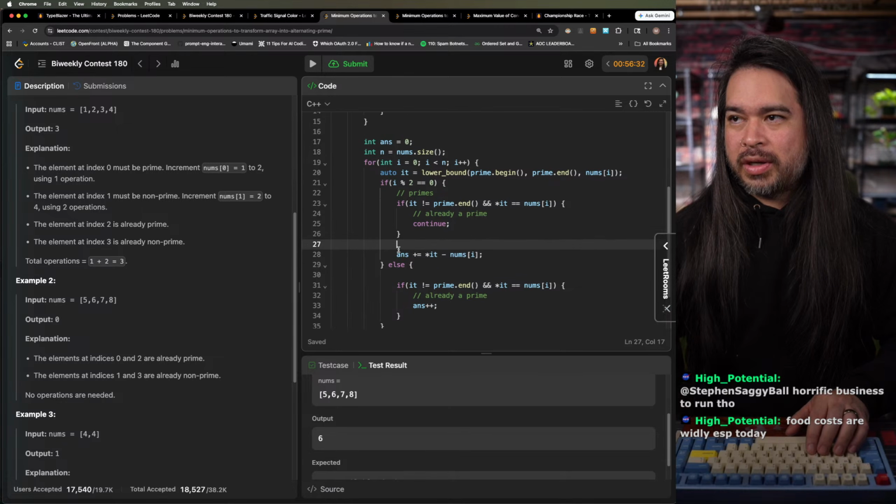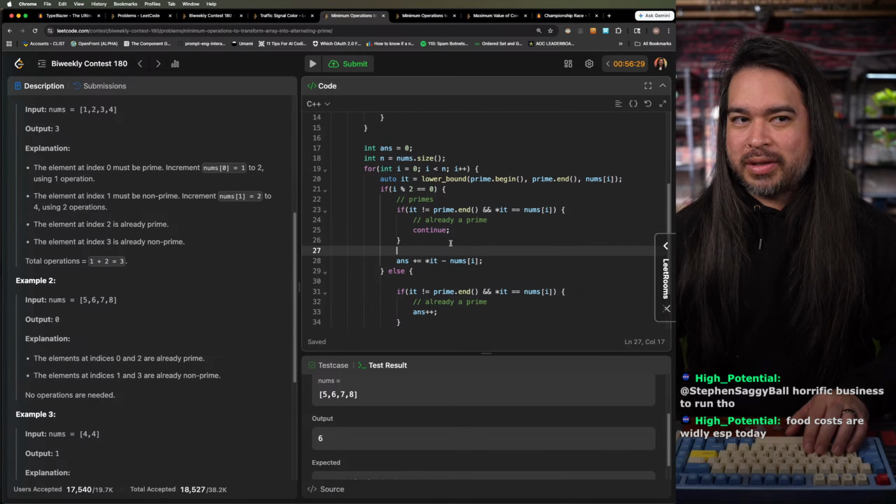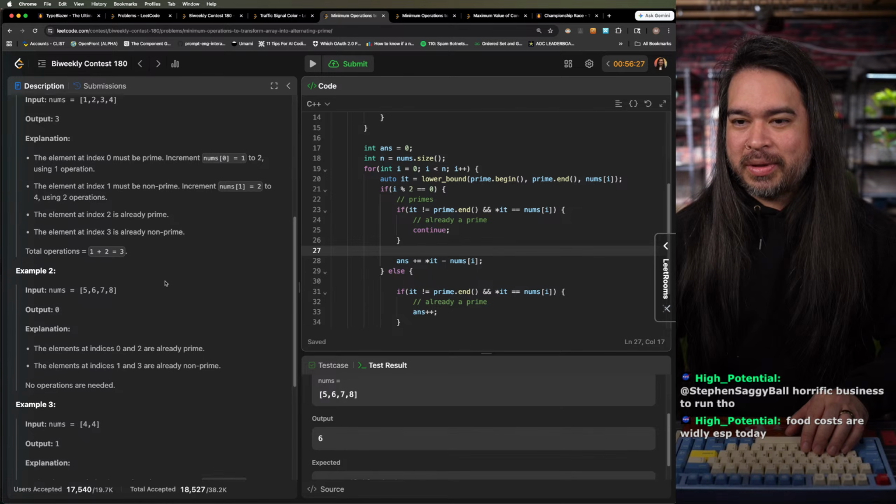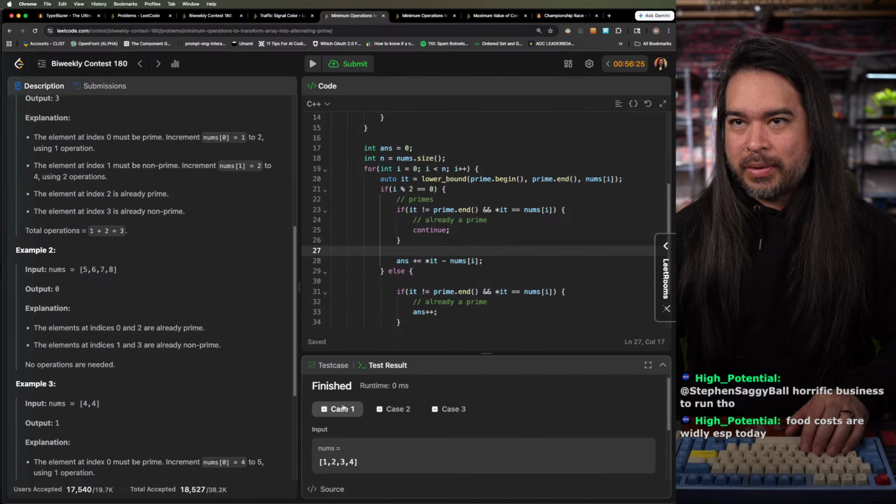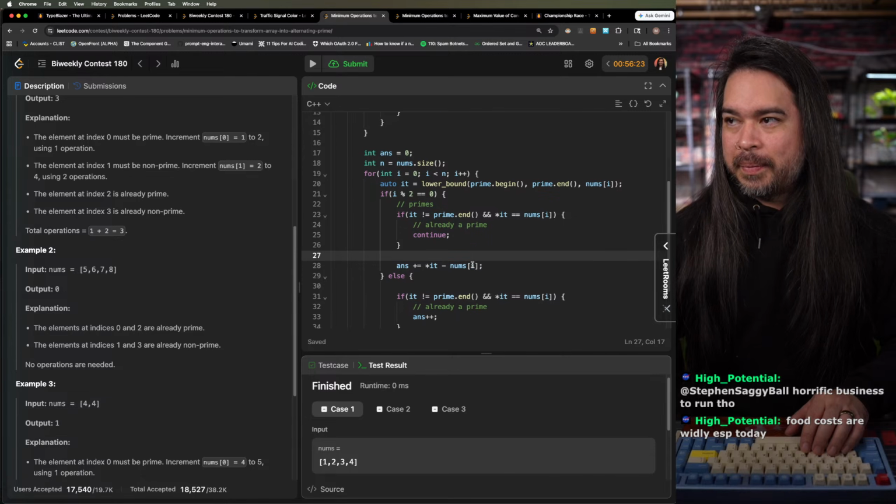Alright. I'm trying to debug with my eyeballs, but maybe I'll start putting in some couts because I don't know what I'm doing. Lower bound sounds alright.